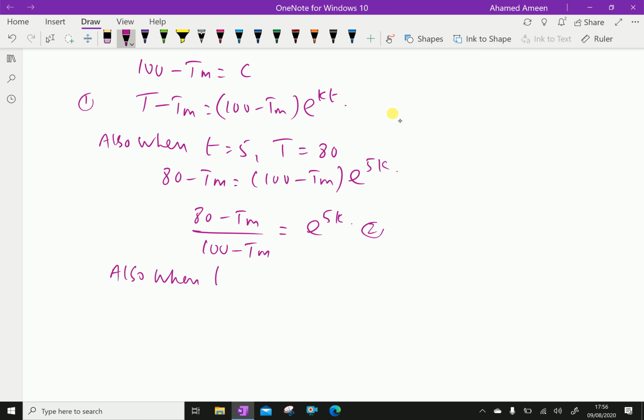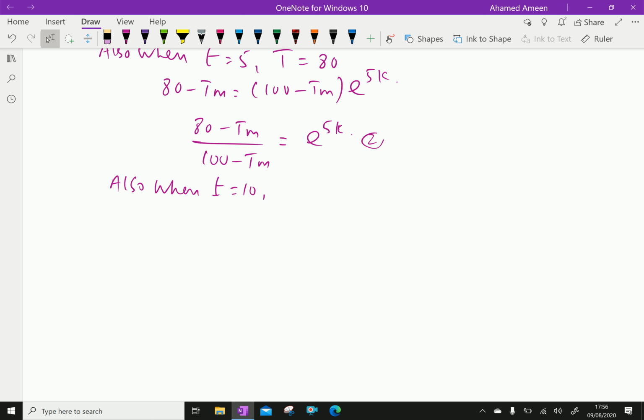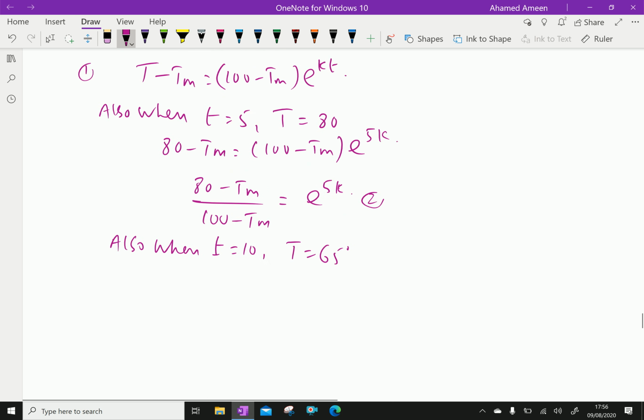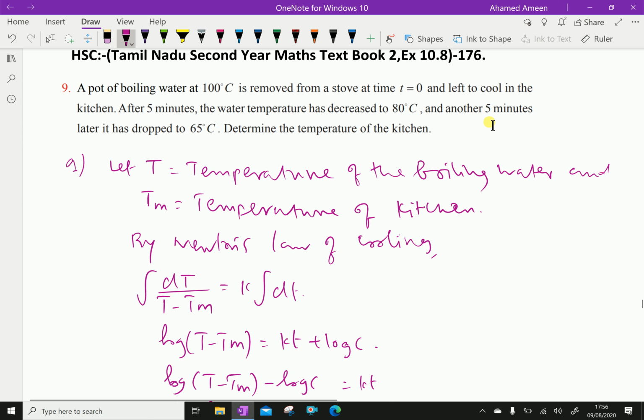Now also when t equals 10 minutes, that is another 5 minutes, then it's given the temperature is 65 degrees. Another 5 minutes later it has dropped to 65.